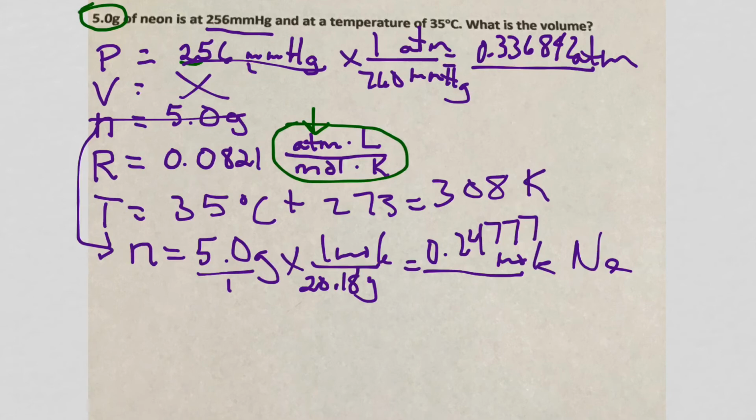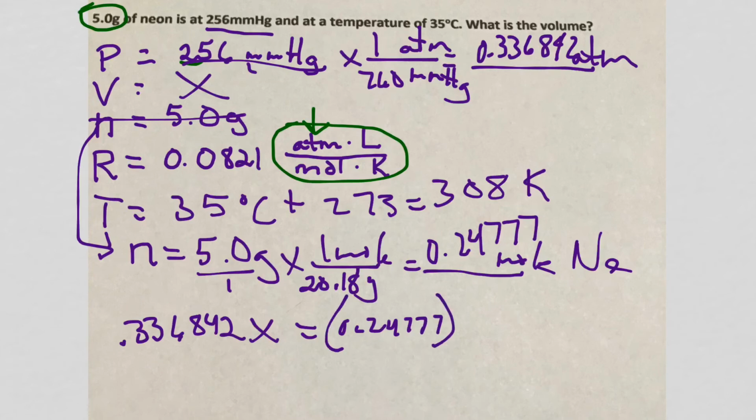So we have 0.33682 times x equals n, 0.24777, times, and PV, now I forgot the equation, PV equals nRT.